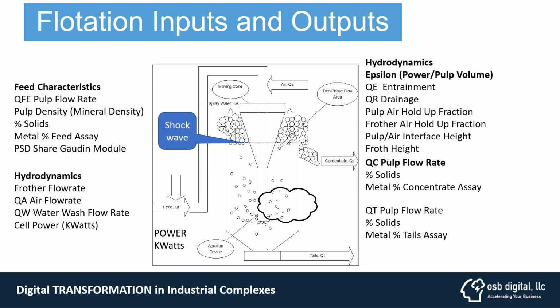And then we have all the hydrodynamic parameters, which are the entrainment of water, the drainage of water, the air holdup fraction in the pulp and in the froth, characterizing the pulp-air interface, which is very nicely done, as we are going to describe, by defining the shock wave that is characterized in these two-phase flow vessels. Same as you do in the thickeners, same as happens in your cyclones and solvent extraction plants and things like that.